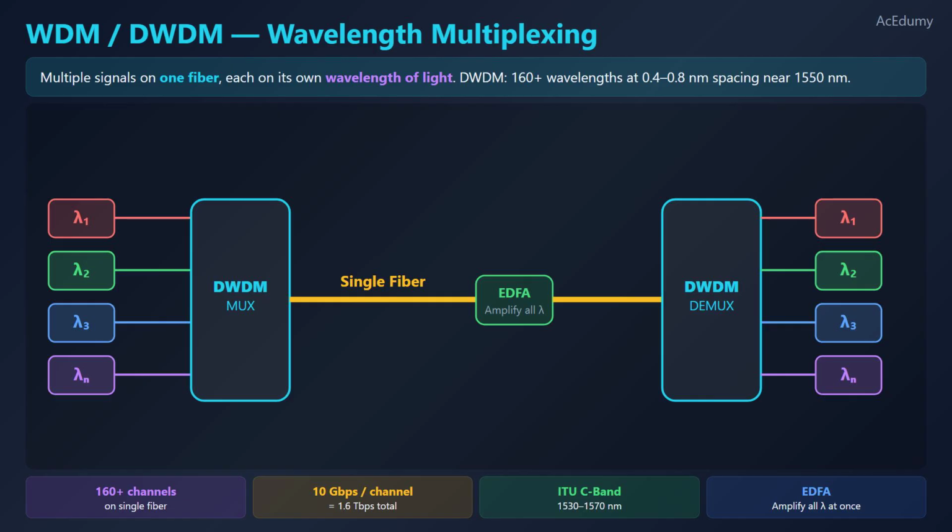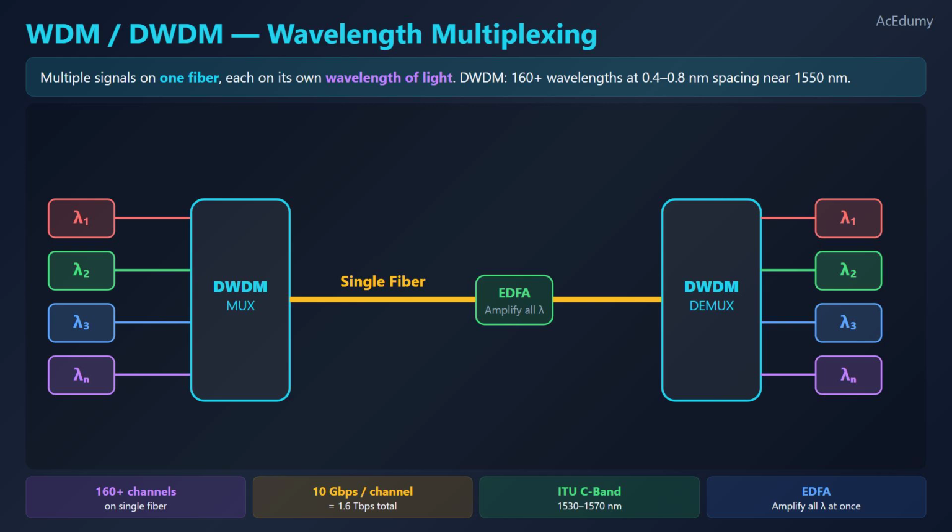The ITU, the International Telecommunications Union, has standardized a frequency grid with 100 GHz spacing, centered around the C-band from 1530 to 1570 nanometers. The L-band from 1570 to 1610 nanometers and S-band from 1490 to 1530 nanometers provide additional capacity.